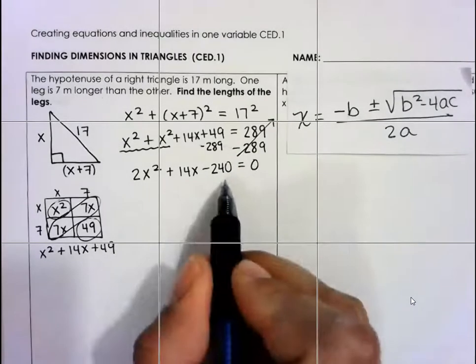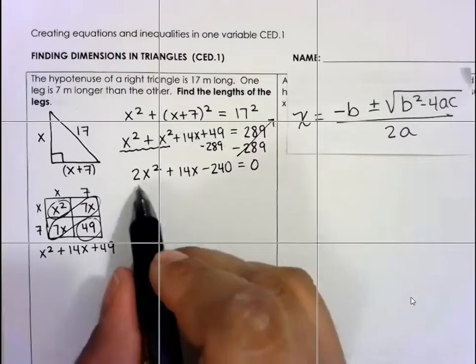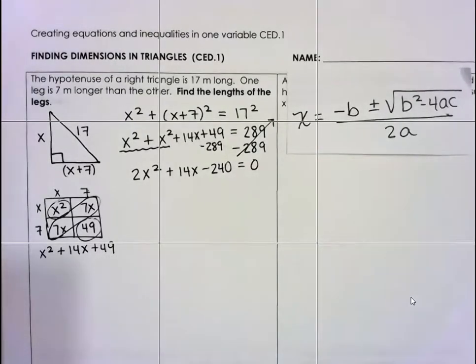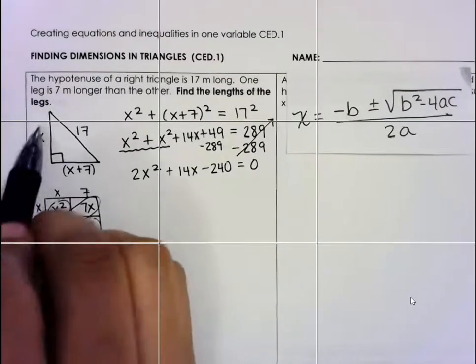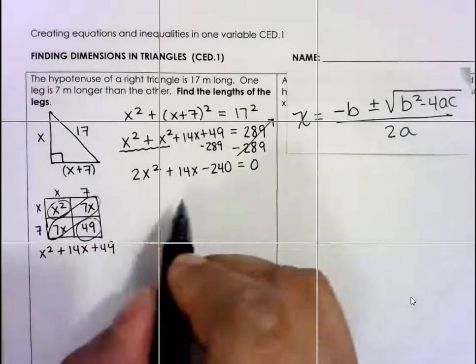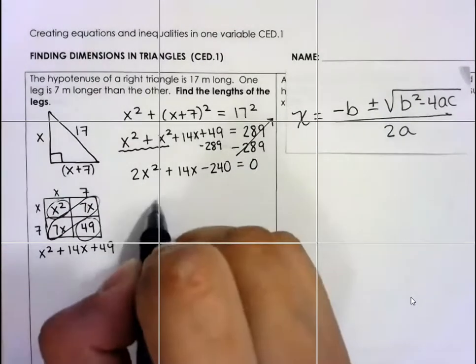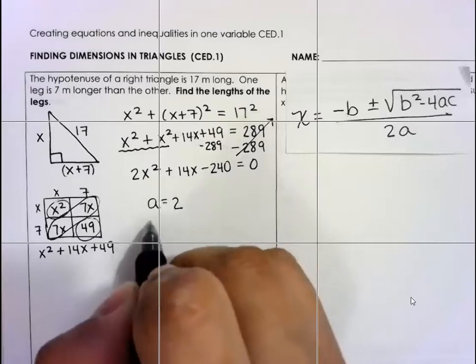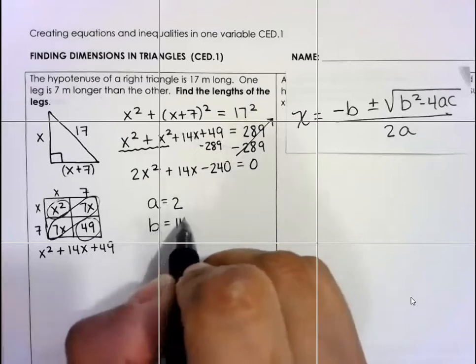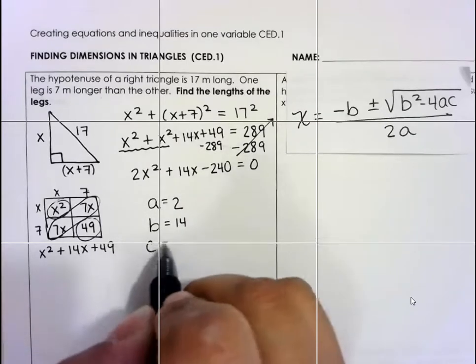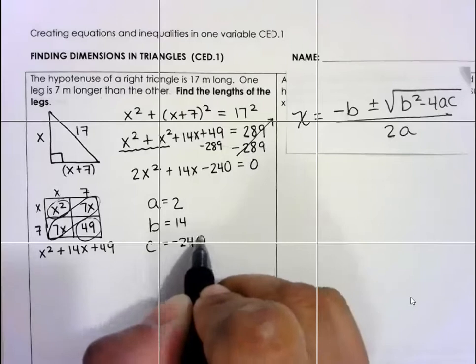Now I have a quadratic equation, and I need to solve for the x, right, which is one of my legs. And I'm going to use the quadratic formula. And I know that a equals 2, b equals 14, and c equals negative 240.